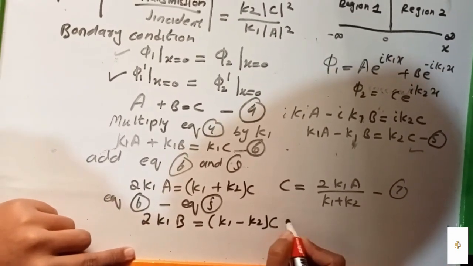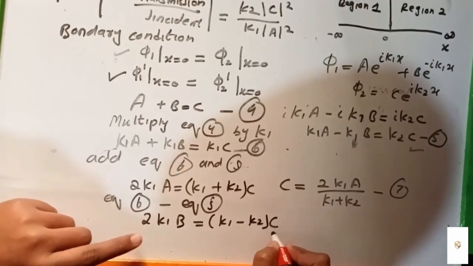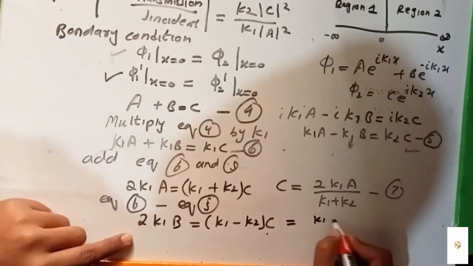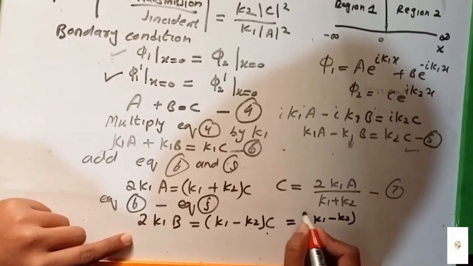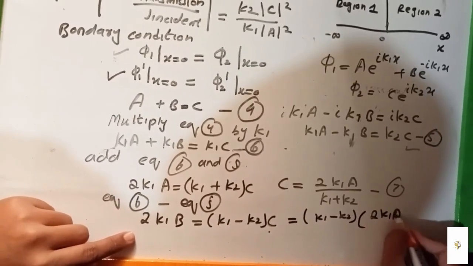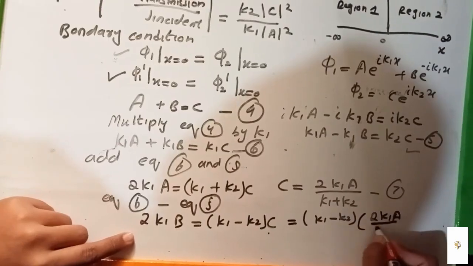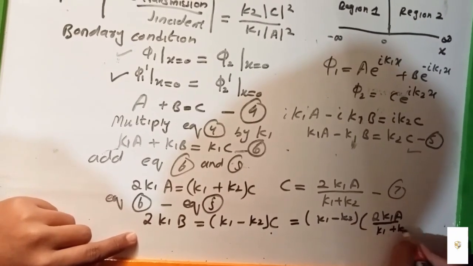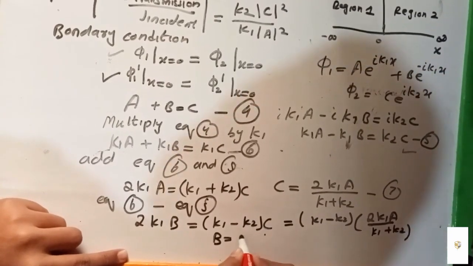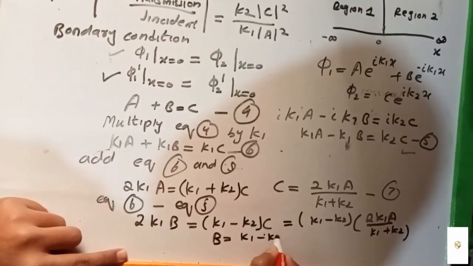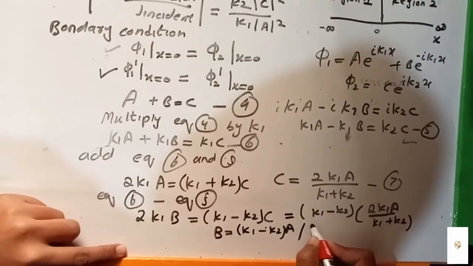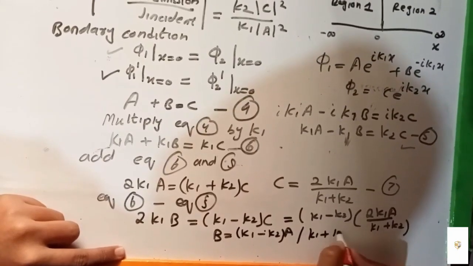Now put the value of c from 7 into this equation. This is equal to k1 minus k2 over 2 k1a over k1 plus k2. So b is equal to k1 minus k2 a over k1 plus k2.